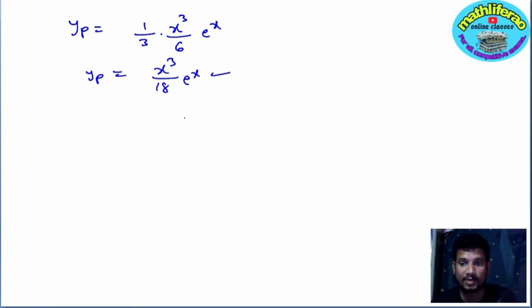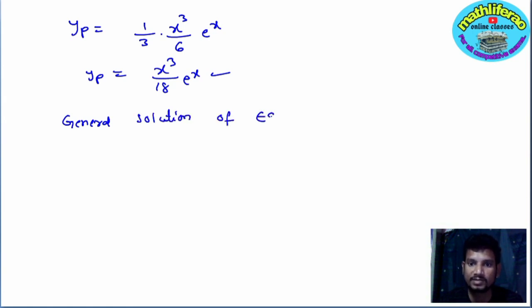Already we have found the complementary function. Now the general solution of equation number 1 is y equal to yc plus yp.